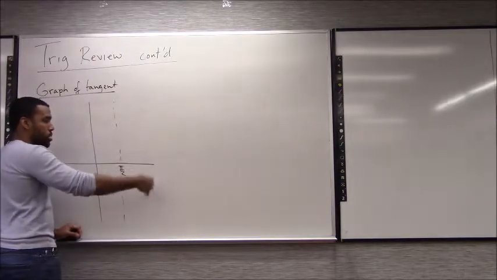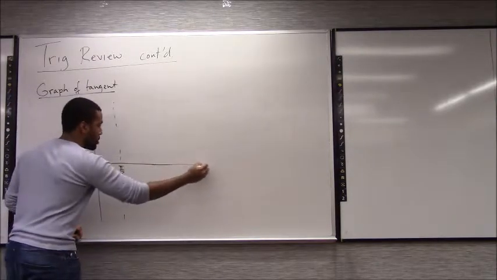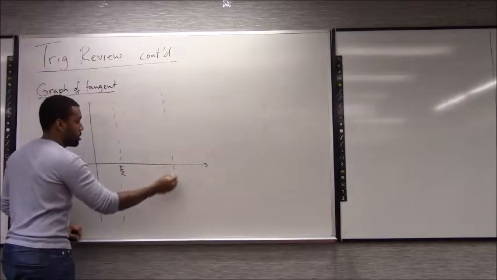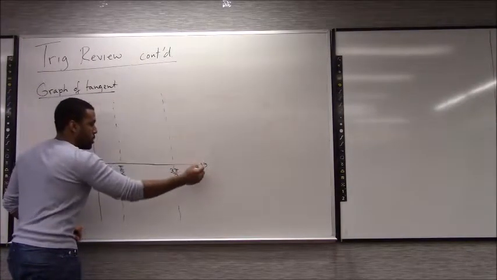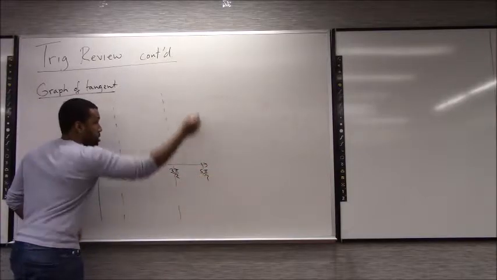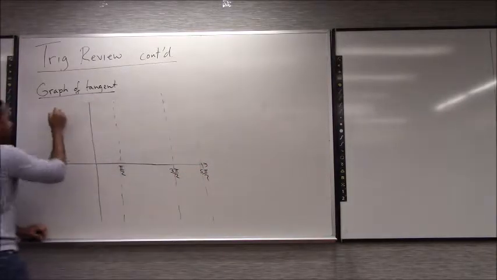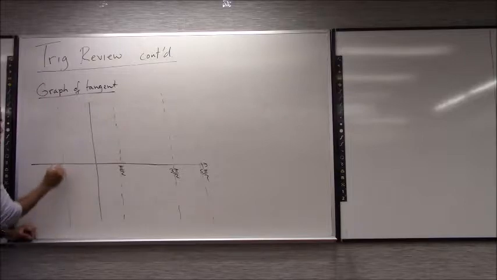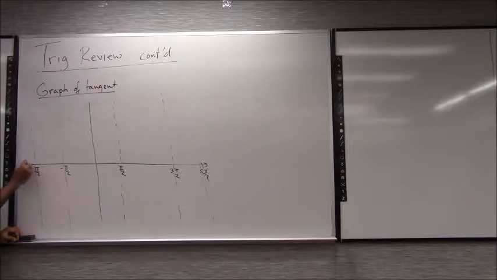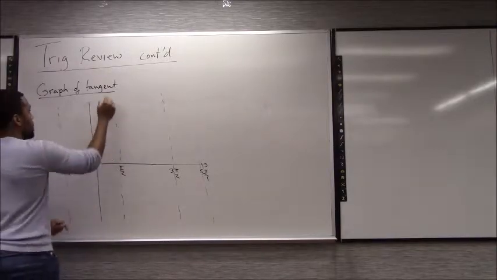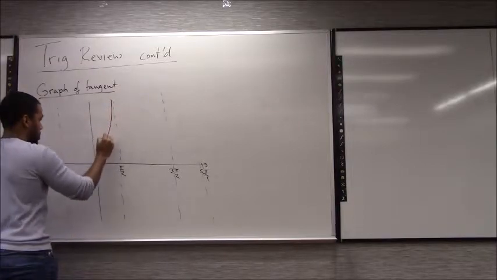Then it will happen at 3 pi over 2, 5 pi over 2, etc. It also happens at minus pi over 2, minus 3 pi over 2, and going back. But the main period is the piece in the middle right here, and the function looks like that.